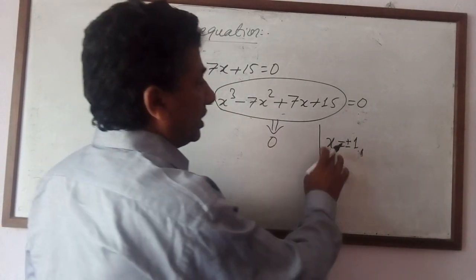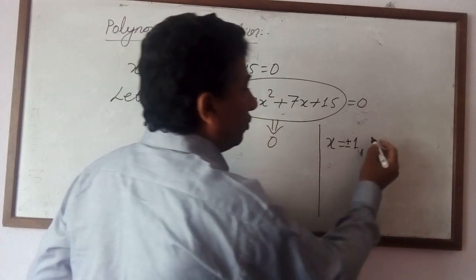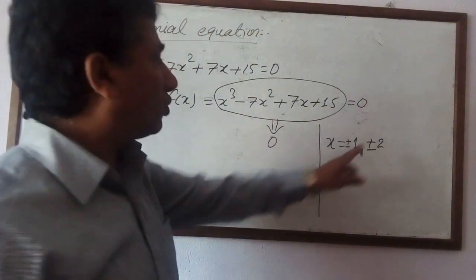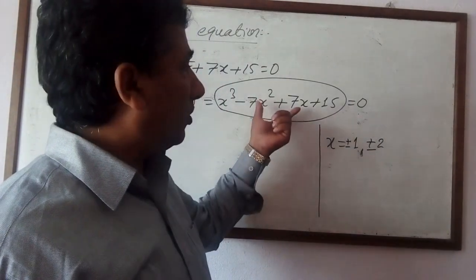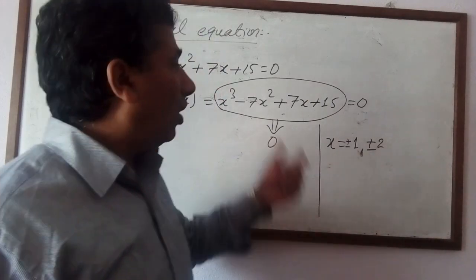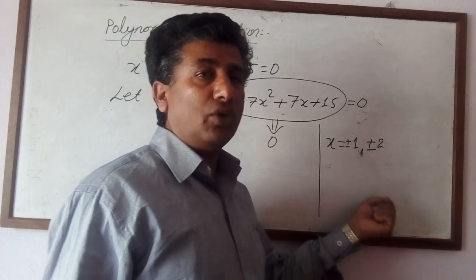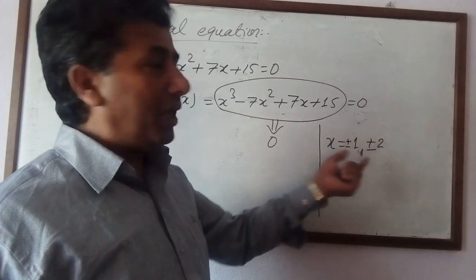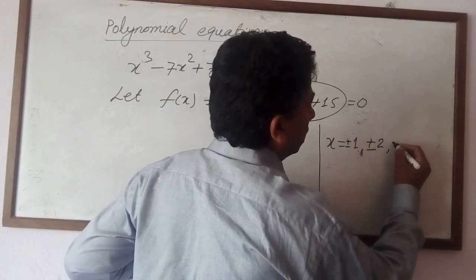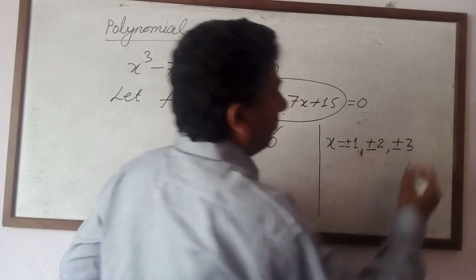And if plus 1 and minus 1 don't make it 0, then take the next values, x equals plus 2 and minus 2. If plus 2 doesn't make this polynomial 0, then take x equals minus 2. If they do not make it 0, then take x equals plus 3 and minus 3.